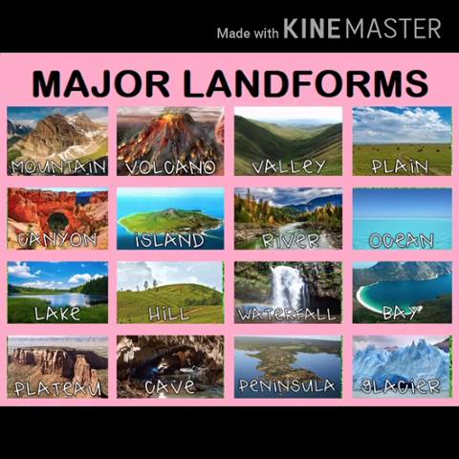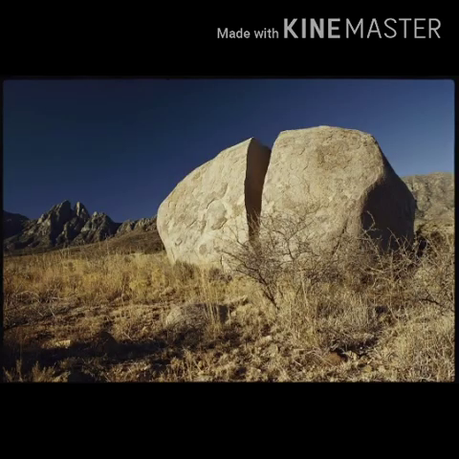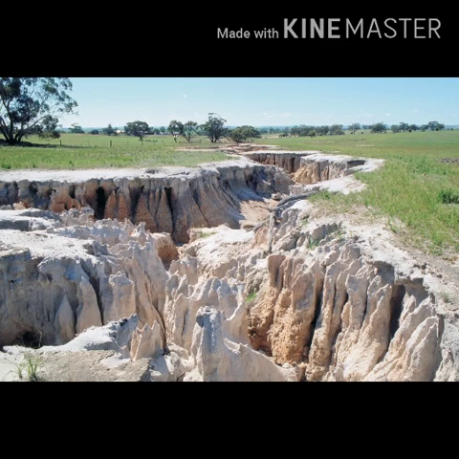Another thing is major landforms. The landscape is being continuously worn away by two processes. What are they? Weathering and erosion. Weathering is the breaking up of the rocks on the earth's surface. Erosion is the wearing away of the landscape by different agents like water, wind, and ice.